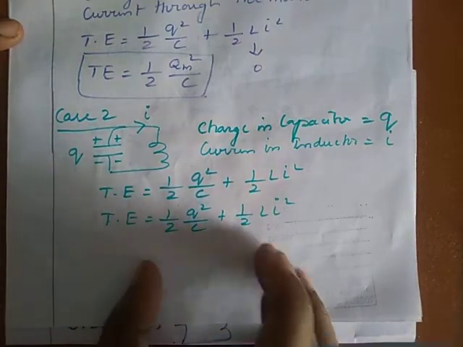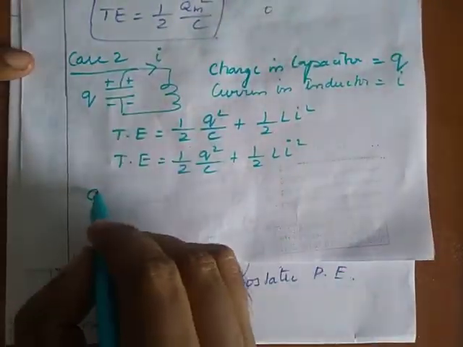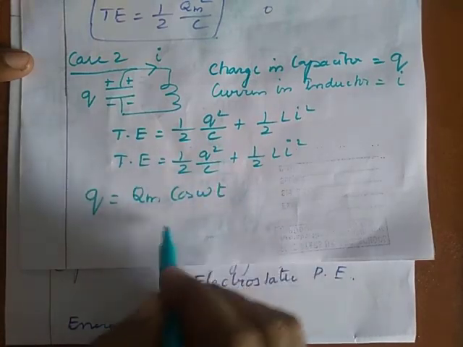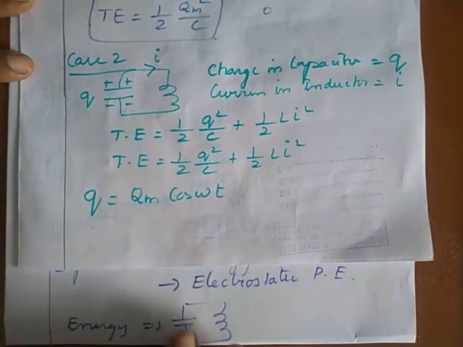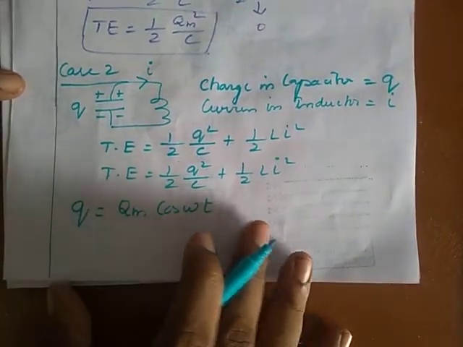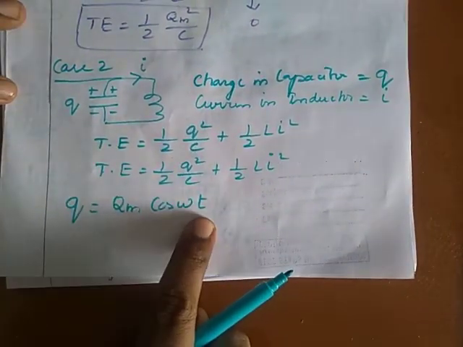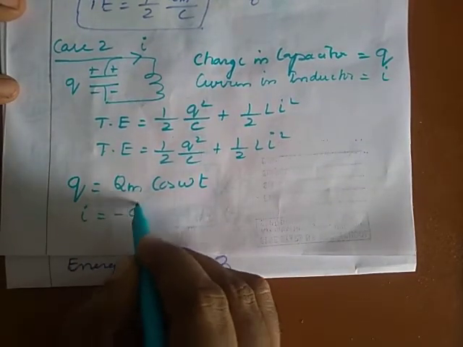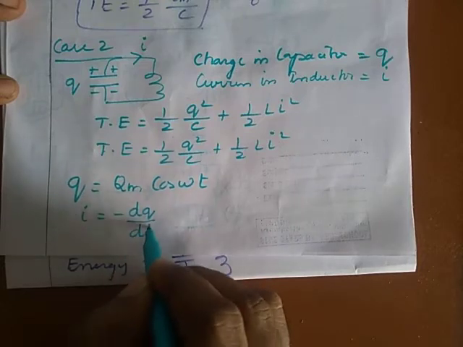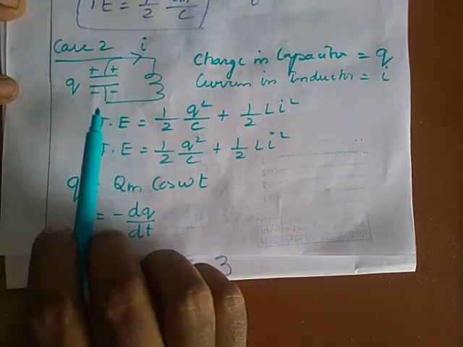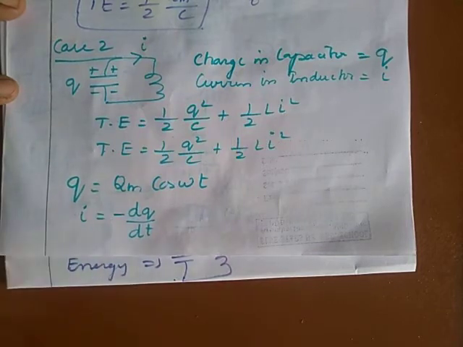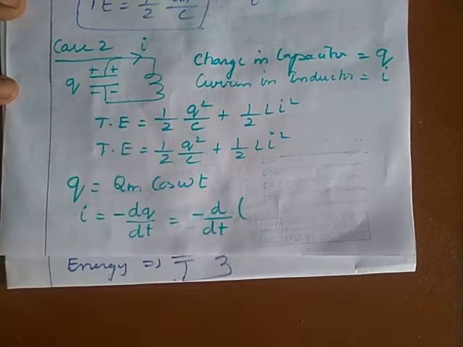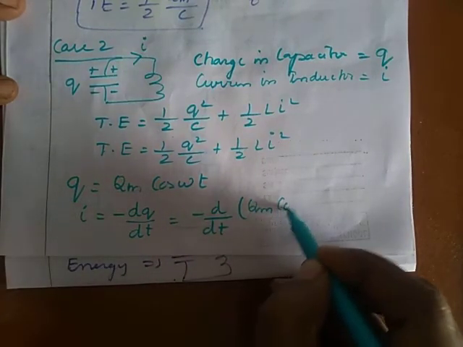Here I consider the charge Q as Q is equal to Qm cos omega t. We can consider cos omega t or sin omega t; we can use any sinusoidal function. Here I use cos omega t. For this, we know current I is equal to minus dq by dt, because the charge in the capacitor will be reducing. That's why I am putting a minus here. Then minus d by dt of Qm cos omega t.